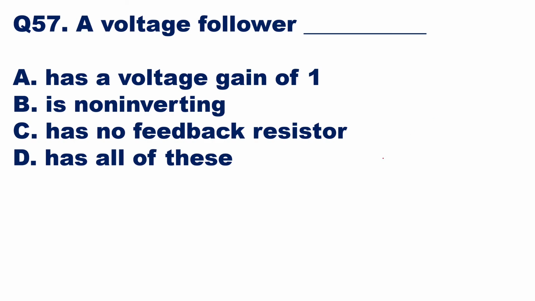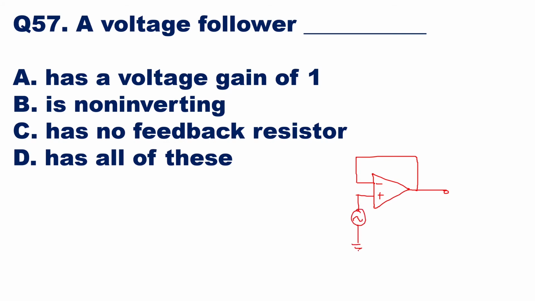If you draw the voltage follower with op-amp based, so here you can see this is minus plus terminal, and here you can see the output. So this inverting terminal is connected to the output, it is a feedback, and then the non-inverting terminal will be given a voltage.